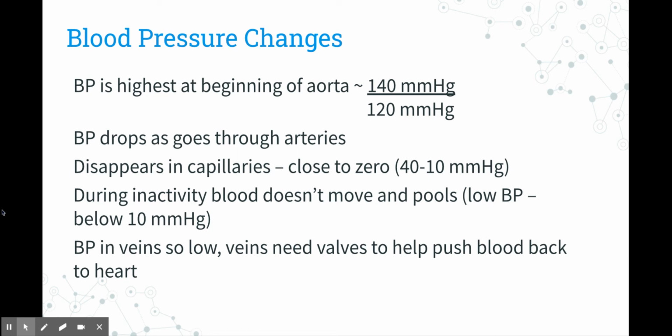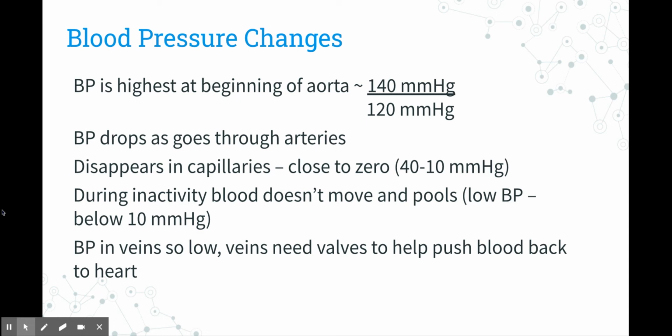As the blood goes further and further away from the heart, traveling through the arteries, blood pressure gets lower and lower, and once it gets down to the capillaries, it's almost zero, between 40 to 10 millimeters of mercury, so a very low amount of pressure in those tiny arteries. And the reason for that is that although capillaries are very small, there are so many of them that the blood isn't forced in a high pressure situation through those vessels anymore.